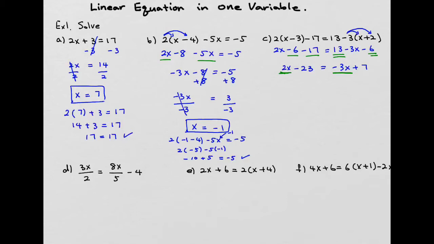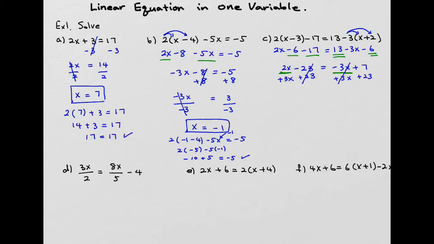So that means you're going to add 3x. So no more x on the right side. And I need to add 23 so that I can put the number without the variable on the right side.